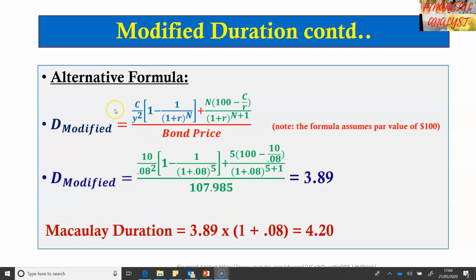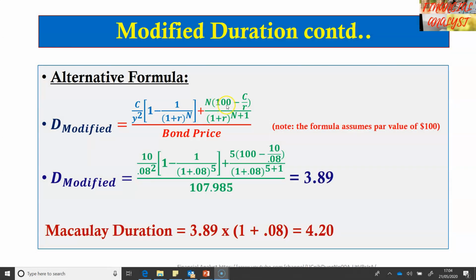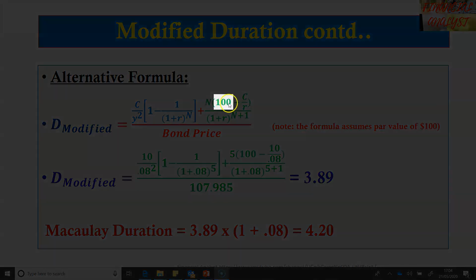If you want to calculate the modified duration of a bond directly without taking the trouble to first calculate Macaulay duration and then adjust it for modified duration, you can use this formula here to get it. Now, in this formula, the assumption is that the par value of the bond is equal to 100. It doesn't matter because you can easily adjust the coupon here.